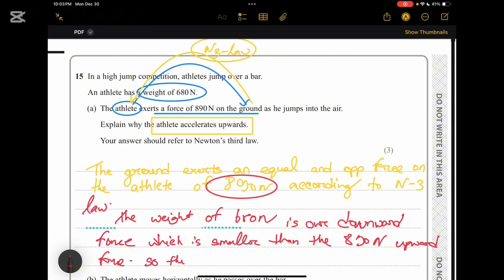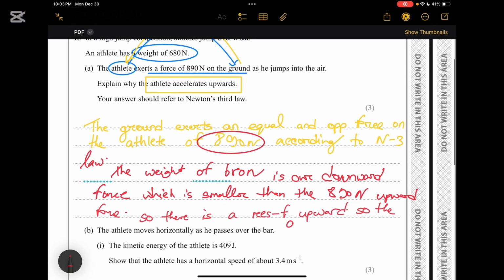So there is a resultant force upward. So the athlete accelerates upwards. So this is the perfect answer for this question.